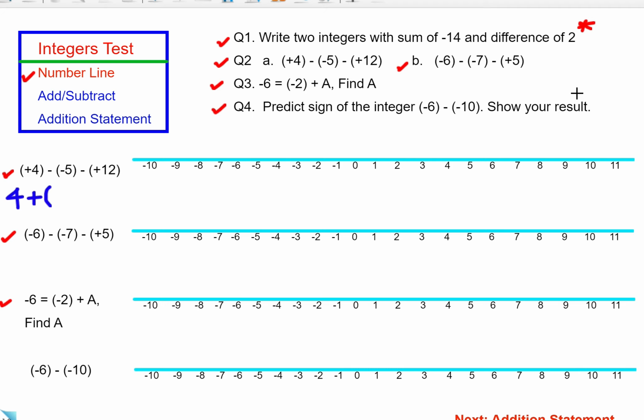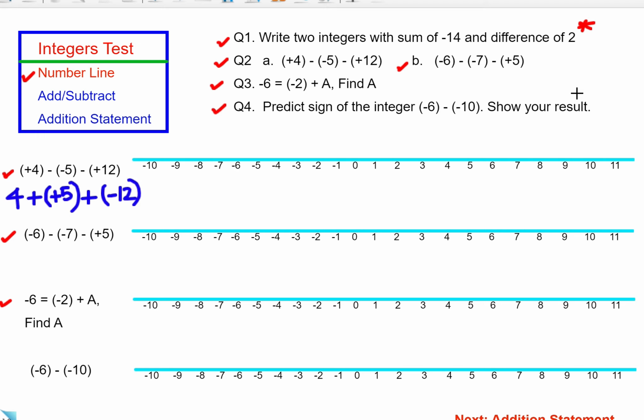When there are two negatives, the same sign, we have to put positive, right? So this becomes positive 5 since we change the sign outside. Now, if we have negative positive, then the number changes the sign to negative. Do you see that? That is what we have to do in the first statement.